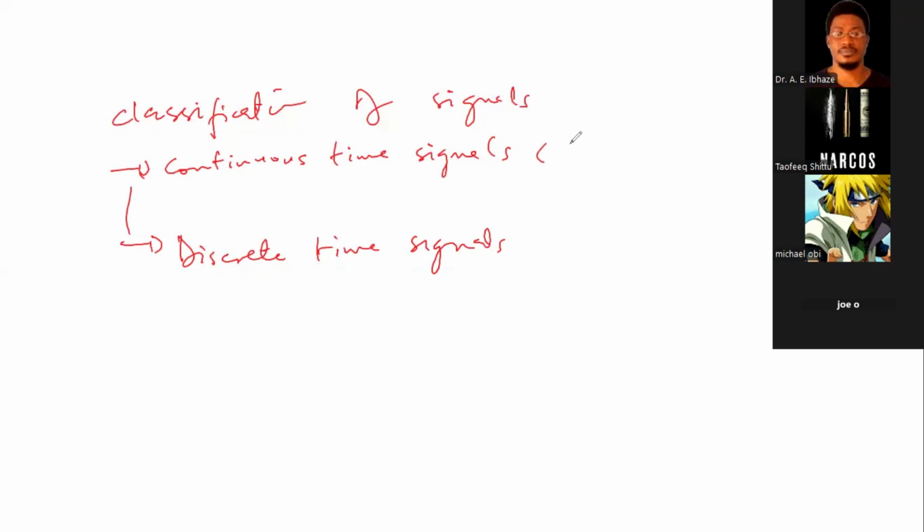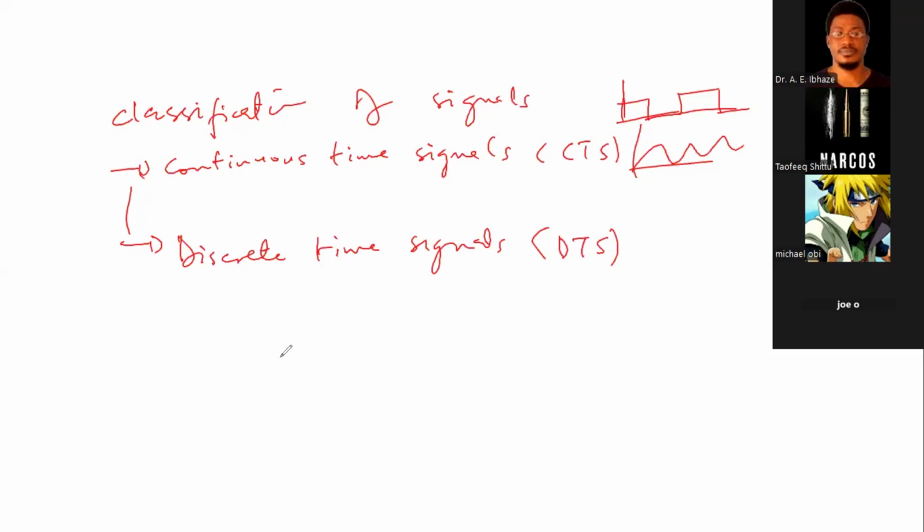Oftentimes you see CTS for continuous time signals, then you see DTS for discrete time signals. If it is continuous, it could be analog or it could be digitized. But the bottom line is whether it is analog or digitized, so long as the value is continuous with respect to time, it is a continuous time signal.